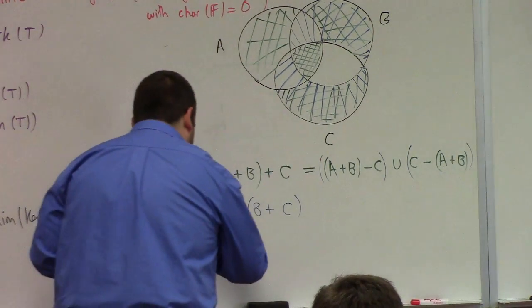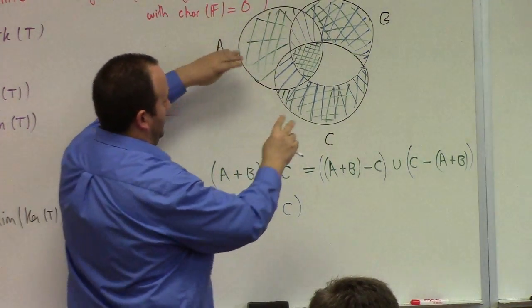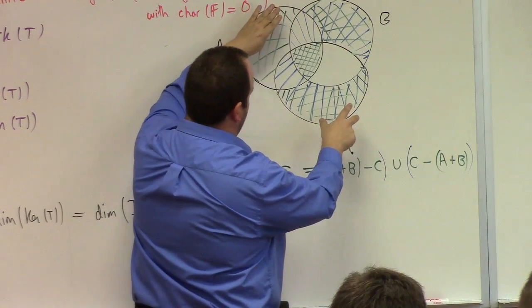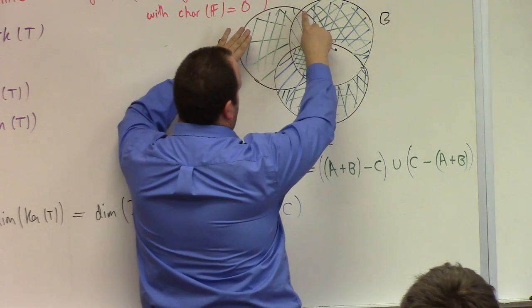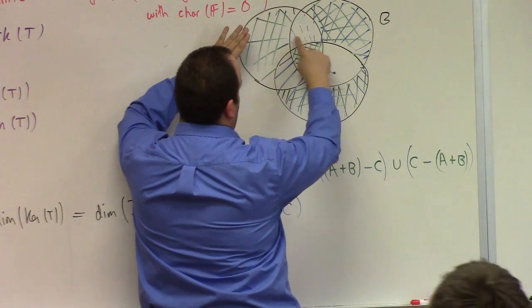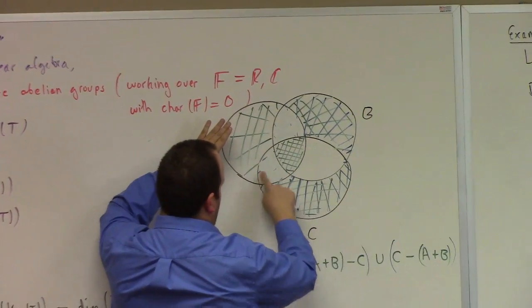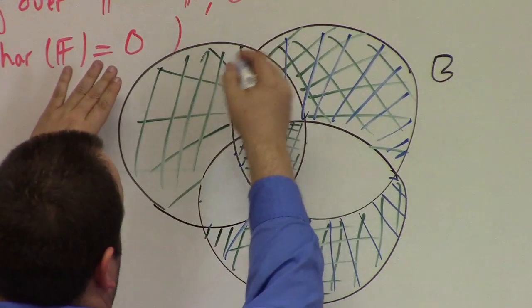And then if I do A plus B plus C, what's that give me? First of all, I do A plus, so I lose these pieces, right? And I pick up this piece over here, right?